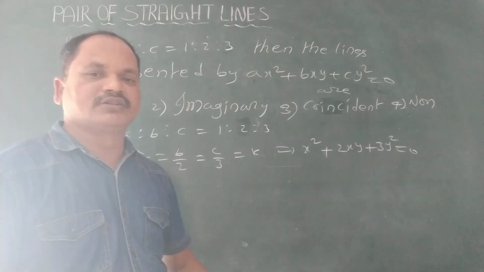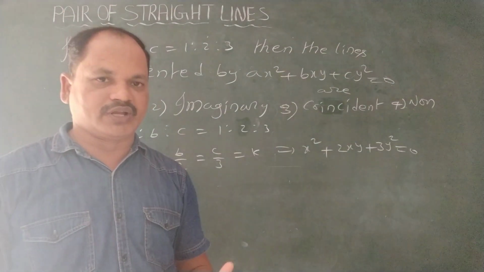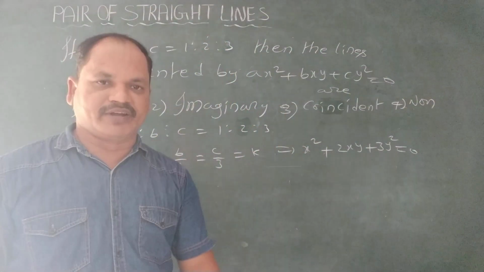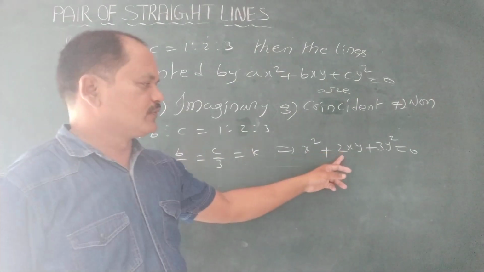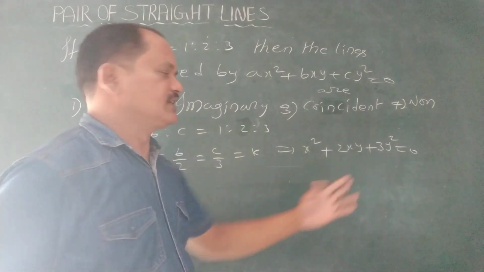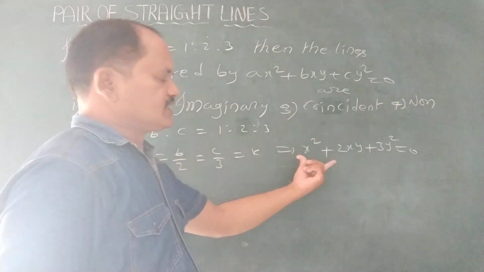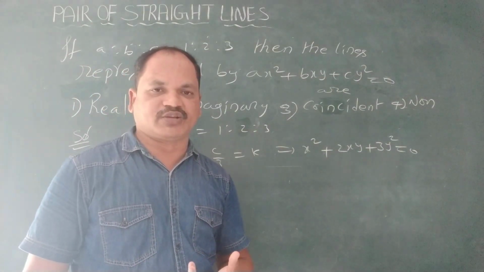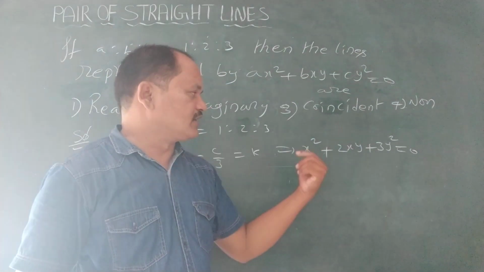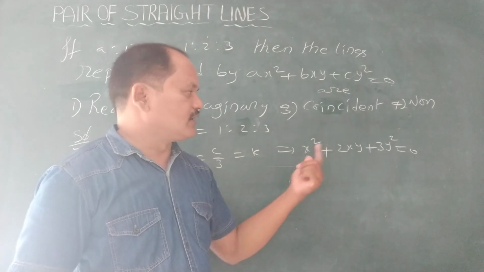From this equation, we have to verify the nature of pair of lines according to h square minus ab. Now what is h? 1. What is a? 1. What is b? 3. After comparing with the pair of lines equation ax square plus 2hxy plus by square is equal to 0, a is 1, h is 1 and b is 3.